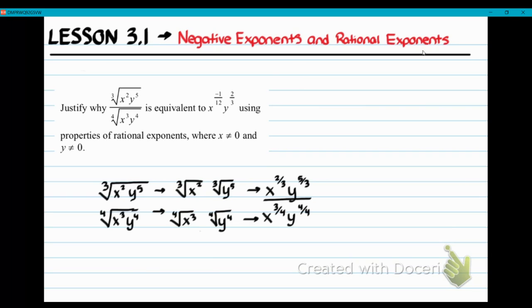Okay, so now I'm looking at xy in the numerator and xy in the denominator, and I know that I can simplify those. So I would put them in my calculator, but if we're doing it the long way, you want to get both of these denominators to be the same. The least common denominator would be 12, so I would multiply this fraction by 4 and this fraction by 3.